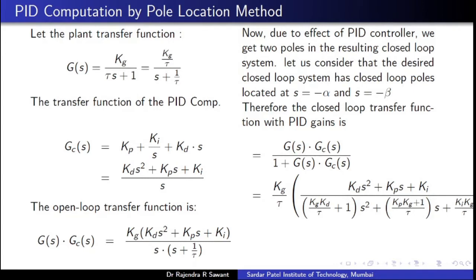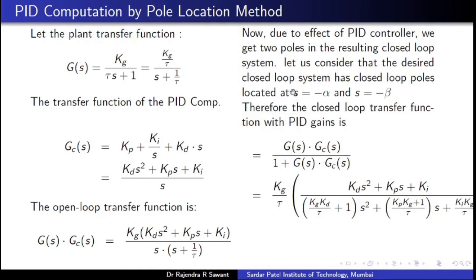Let us consider that the desired closed loop system has closed loop poles located at s equals minus alpha and s equals minus beta. Therefore, the closed loop transfer function with PID gains is given this way. This is a very generalized expression, and we assume that our expected closed loop poles lie at s equals minus alpha and s equals minus beta.